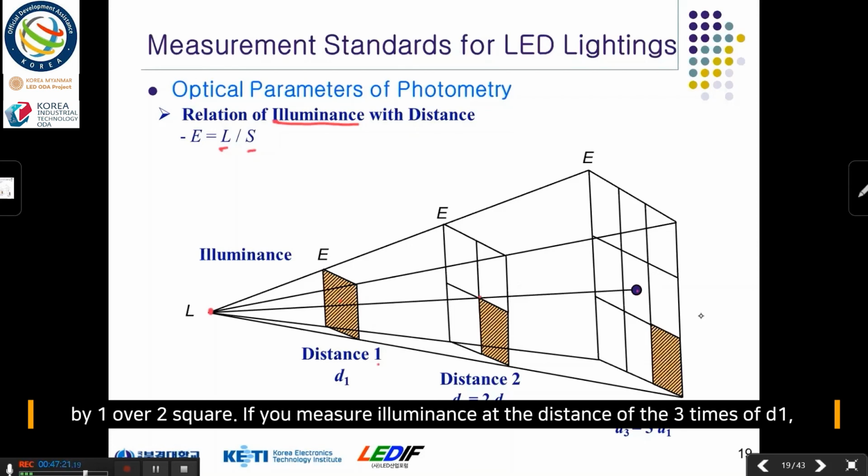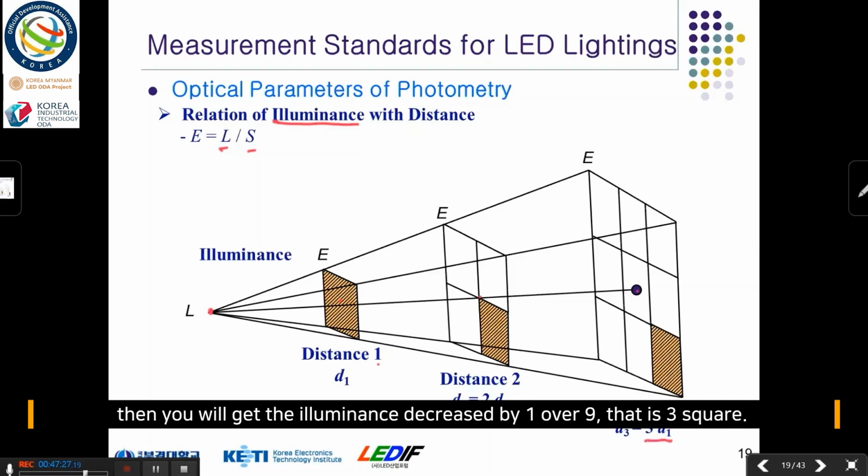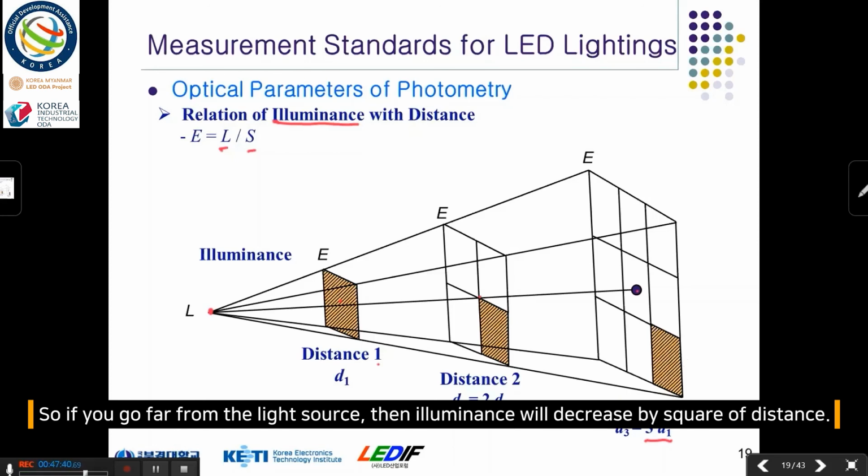If you measure illuminance at a distance of 3 times d1, then you will get the illuminance decreased by 1 over 9. That is 3 square. So if you go far from the light source, then illuminance will decrease by the square of the distance.